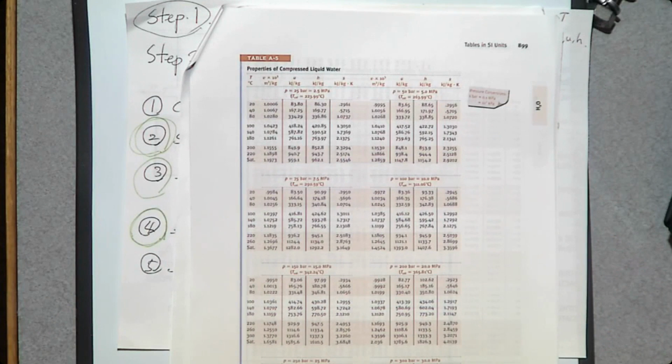Then why is there no property table for compressed liquid at low pressure? Because at low temperature, there is minimal difference between saturated liquid and compressed liquid. So when pressure is low, how low? Less than the lowest pressure in this table, 2.5 megapascal.